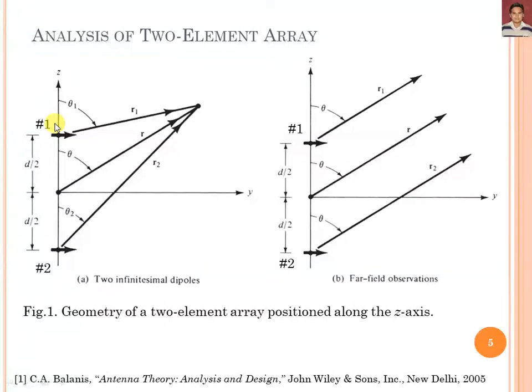Then we convert the rectangular coordinate system into the spherical coordinate system, then use some Maxwell equations, and we get the electric field and magnetic field equations. We get the electric field equation in the theta direction, called the E of theta component, when analyzing a single antenna element.